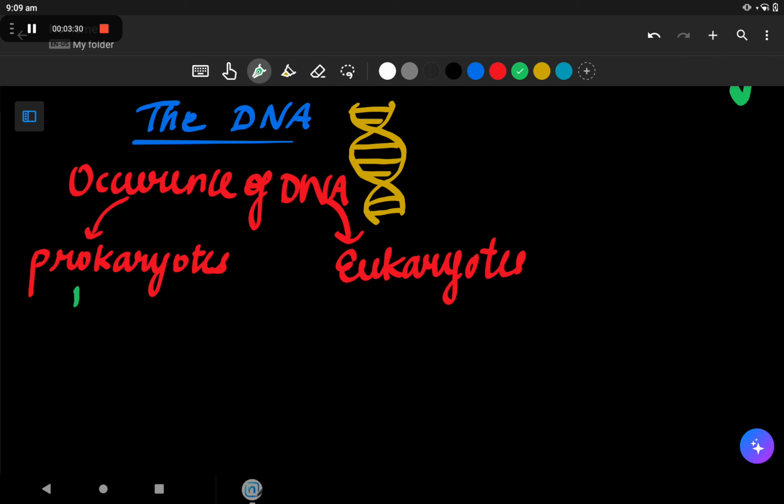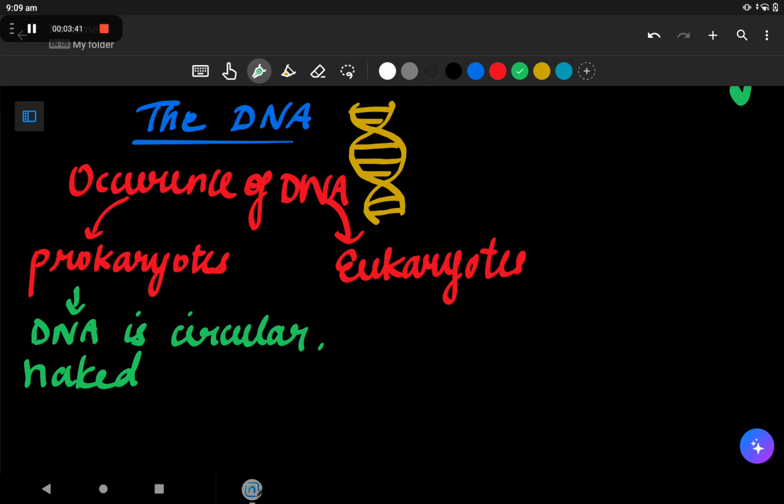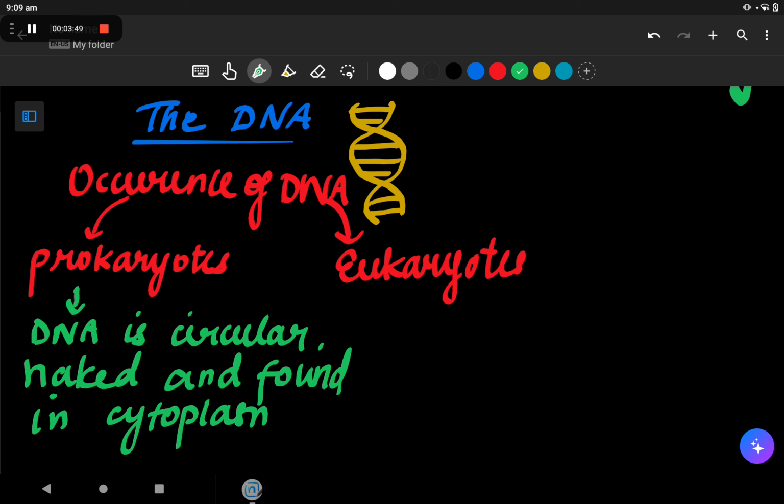In prokaryotes, DNA is circular, naked, and found in cytoplasm. Whereas in eukaryotes, DNA is linear and is found in nucleus.